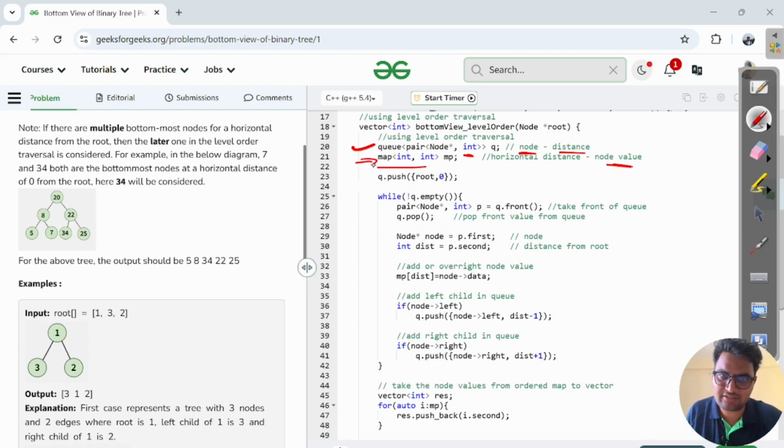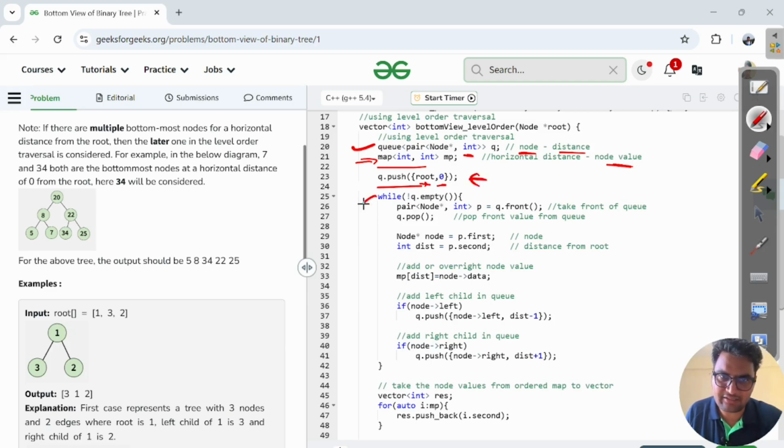and this map would be used for storing the results. So I am inserting the root and the distance of that root into the queue, which would be 0 initially, correct.